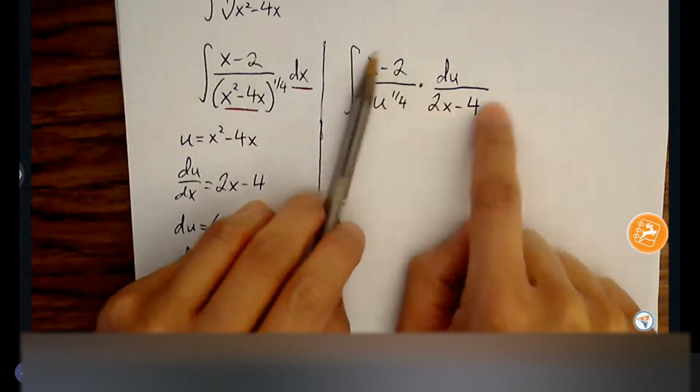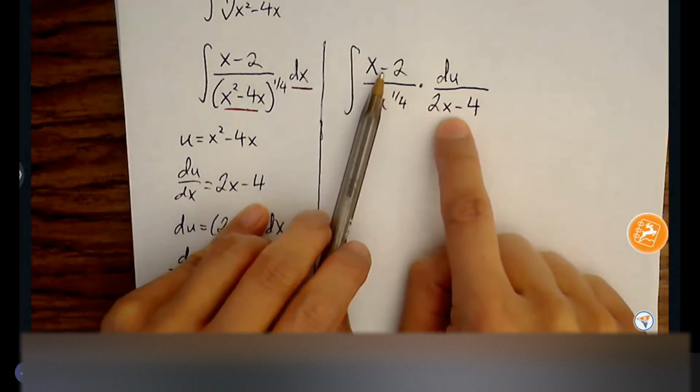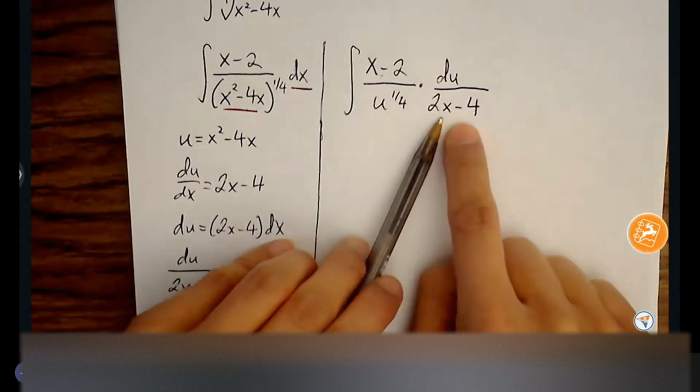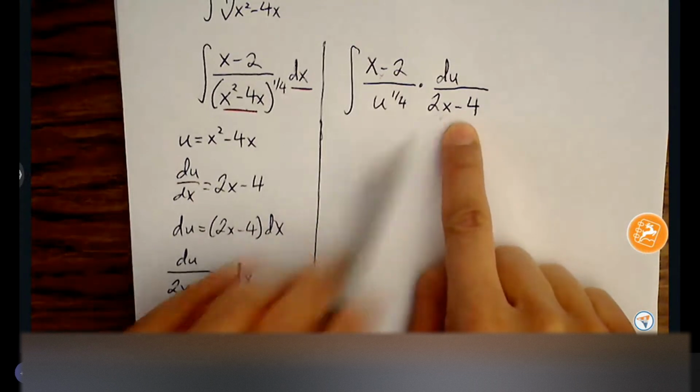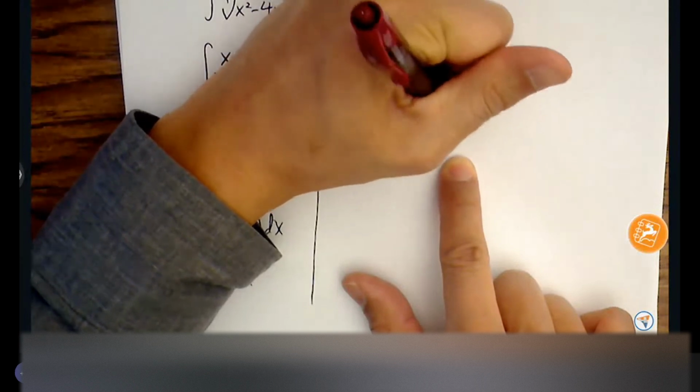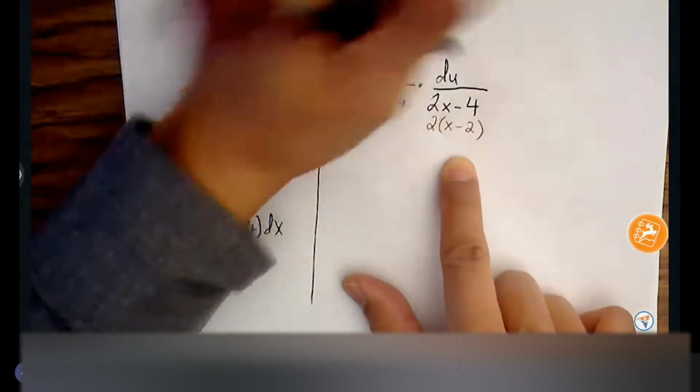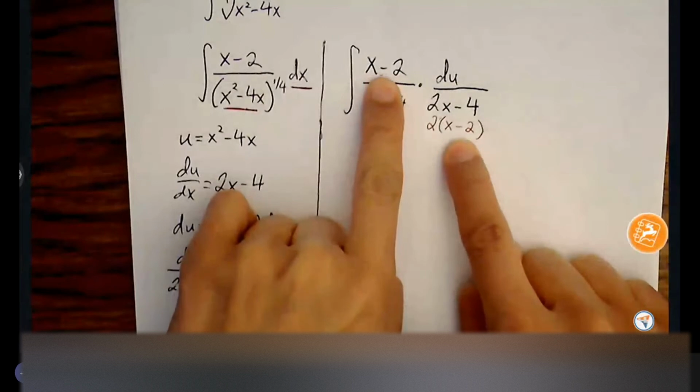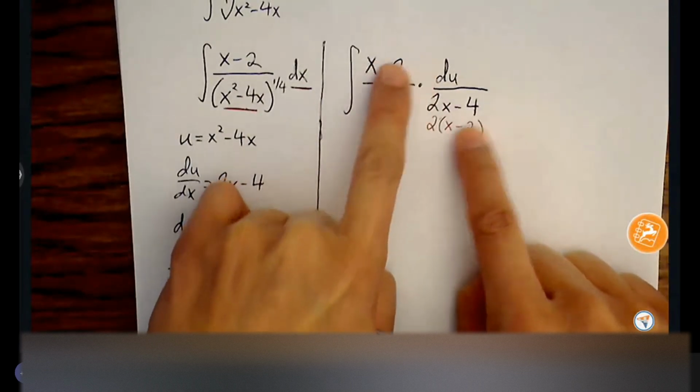What do you think we can do to get this to hopefully match up and go away? Factor. Good. All right, let's take the 2 out of that denominator term, and maybe we can get a better match here. So if I factor 2 out, 2 times parentheses x minus 2, now perfect match. Now I can get my x minus 2 to cancel out.